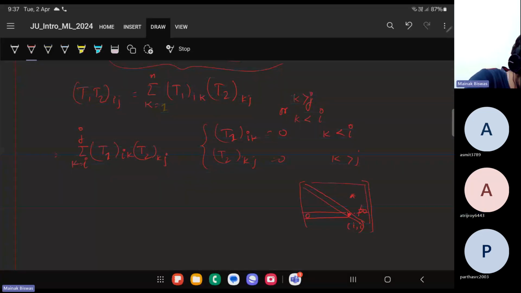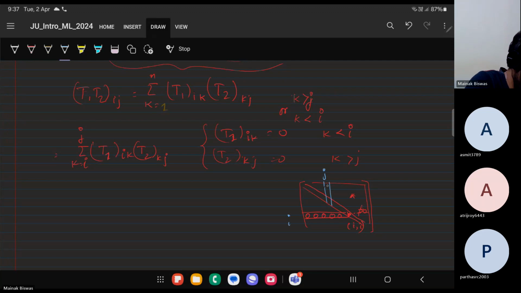These are all zero, yes or no? Yes. Similarly, if you have a j somewhere here, everything from here is not zero, but everything below it is zero, right?